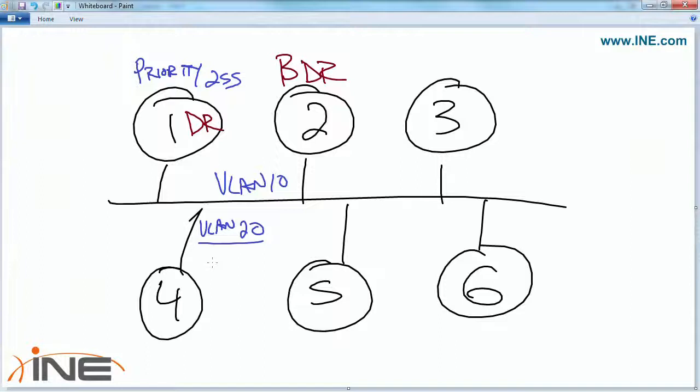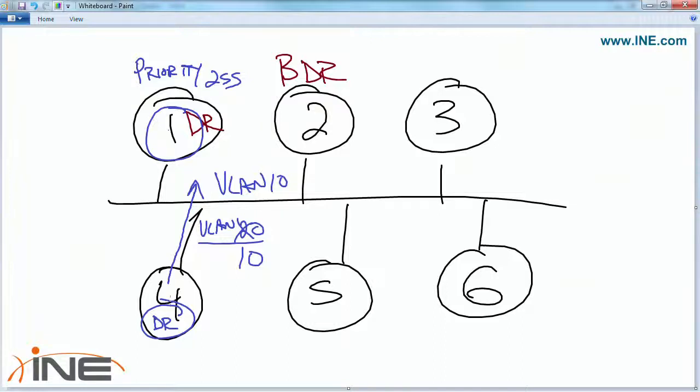When its OSPF process loads, it doesn't hear any of the other routers, so it does what? It elects itself as the DR. At this point, the wait timer has expired because it was first waiting to see is anyone else the DR. It didn't hear any of their updates, so it automatically elects itself. Now, if I change the VLAN assignment from 20 to 10, there's going to be two possible results. If router 4 now sends a hello packet before 1 does, 4 actually will preempt 1.